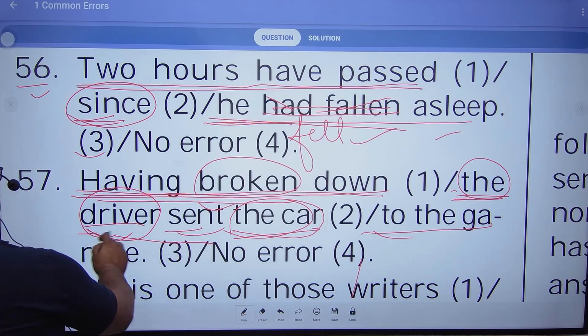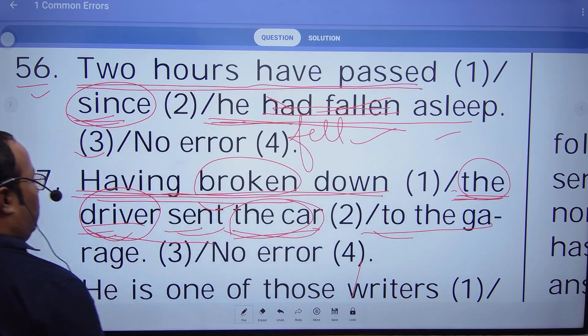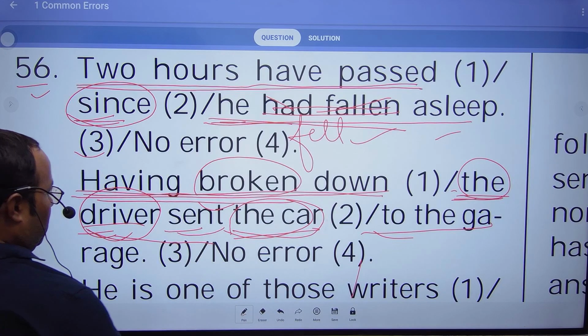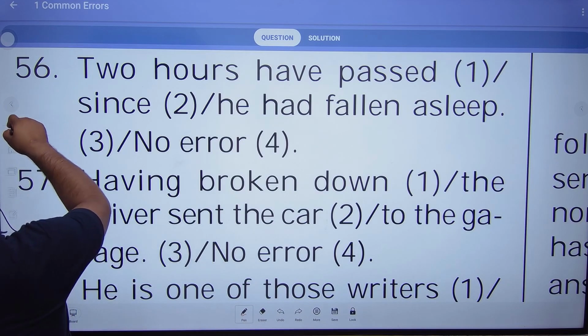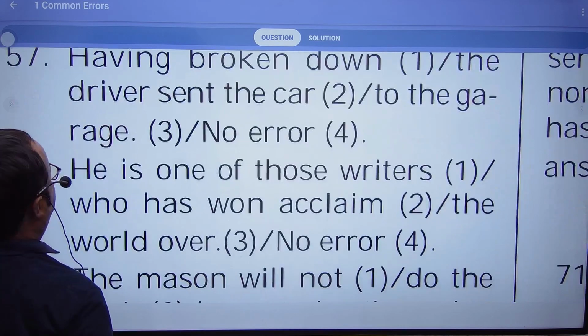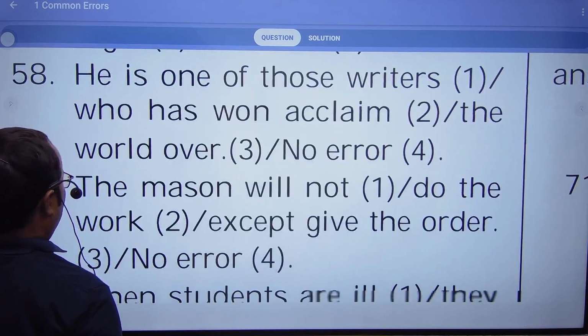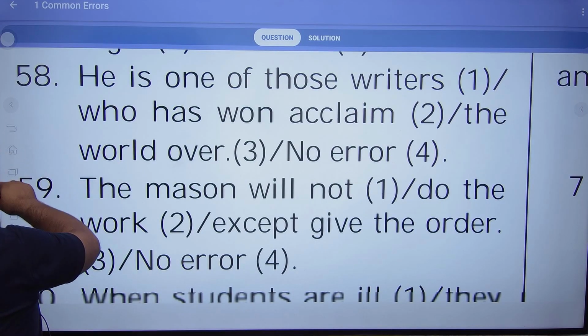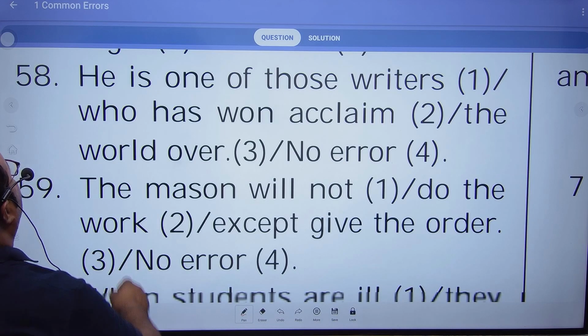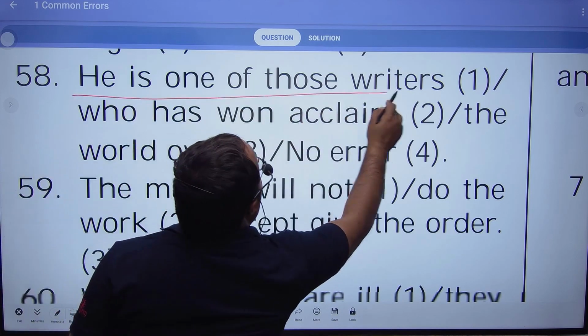So driver must be used in the form of passive voice at the last. So we can say that this is the mistake. And we are going back and getting up the two questions over here. We are going to solve them, and we are reading here. He is one of those writers.